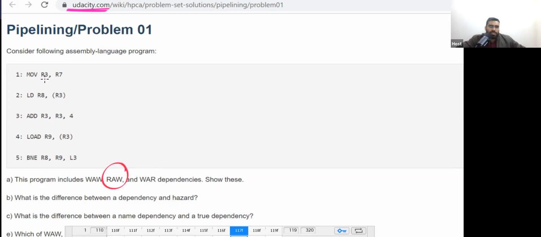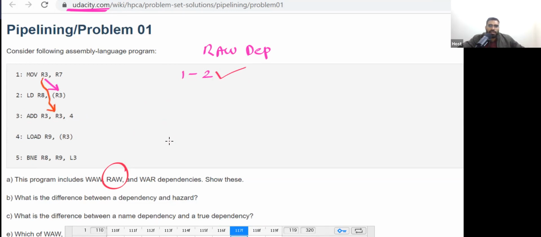You can notice this value you are reading, so this is a RAW dependency. From instruction 1 to instruction 2, there is a RAW dependency. That is one. Now what else? This is also reading, and here also you are reading.